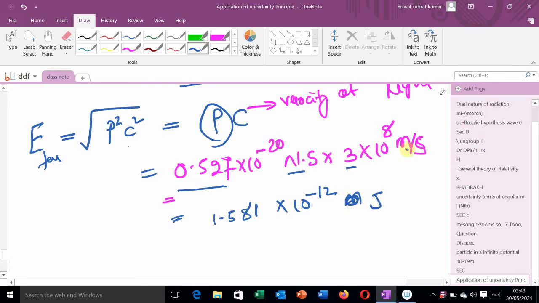Newton into meter is joule, the second will cancel out, so this will be joule.